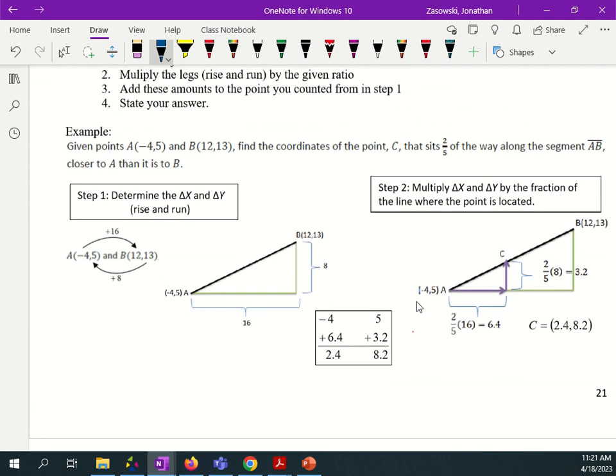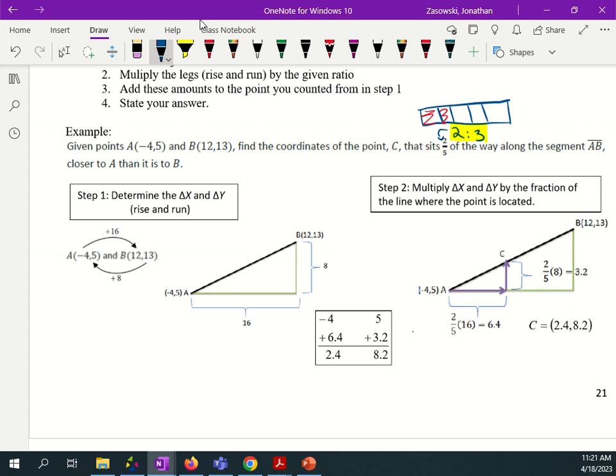Now, if you think about a tape diagram, 2/5 of the line is really what ratio? It's a ratio of 2 to 3, right? So oftentimes they're going to give you this ratio, and you need to create the fraction of the line that you're looking for, okay? You're going to want to take the 2 to 3 and write it as a fraction of 2/5.